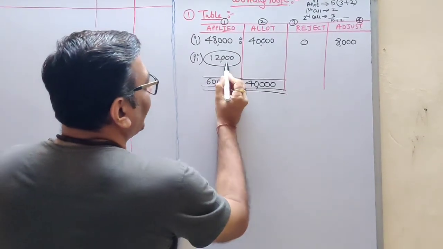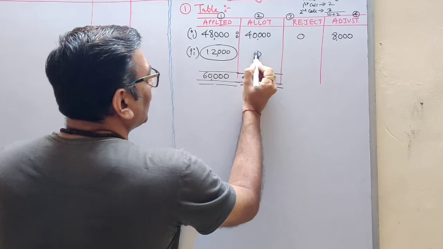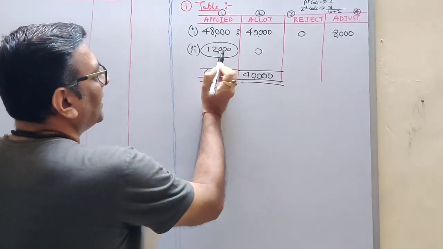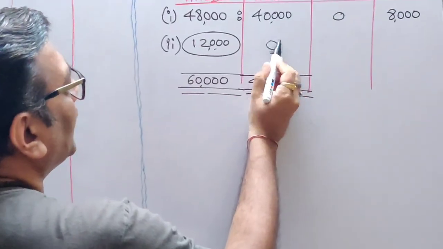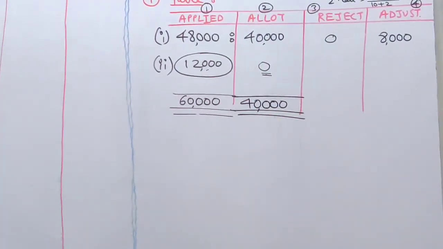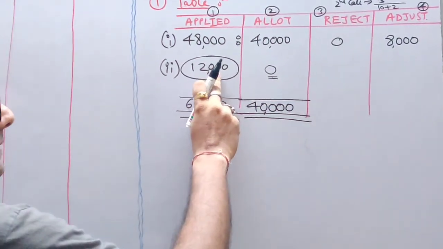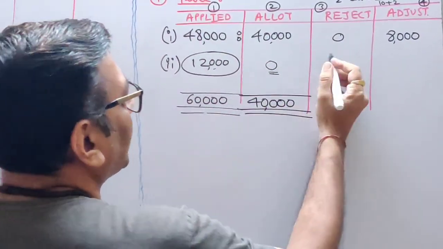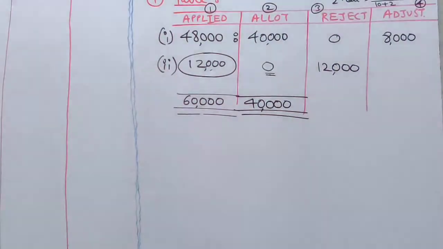How many shares you have allotted to this remaining application? 0. This remaining application got refused, means no shares were allotted to them. So it is completely rejected. When I say completely rejected, this 12,000 will go in the rejected column. Agreed?